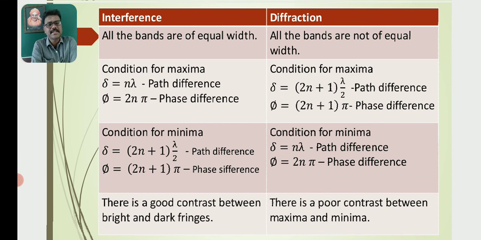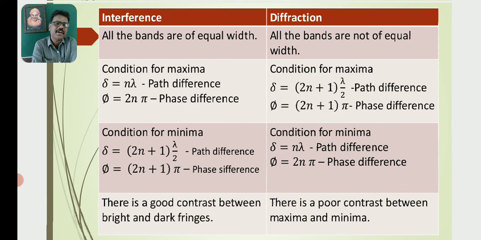Similarly, in interference, the condition for a minima: delta is equal to 2n plus 1 lambda by 2, an odd multiple of lambda by 2, phase difference 2n plus 1 pi, an odd multiple of pi.